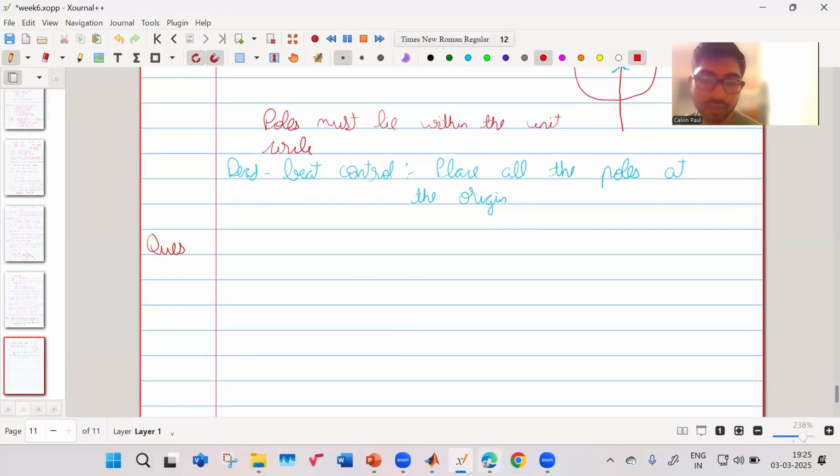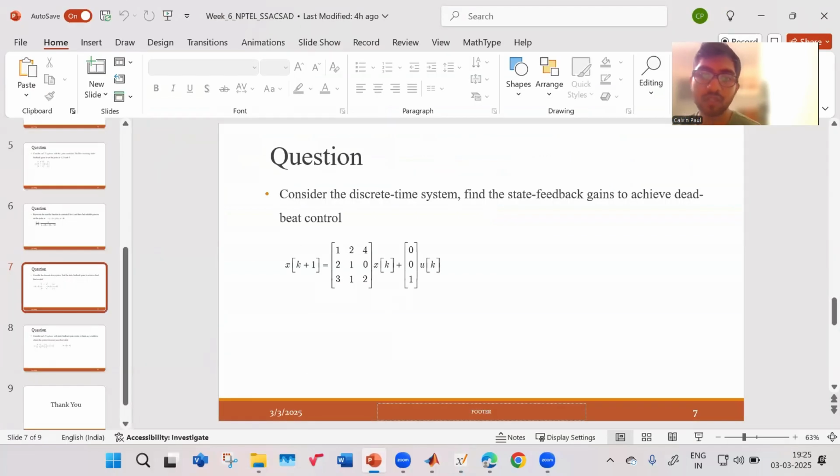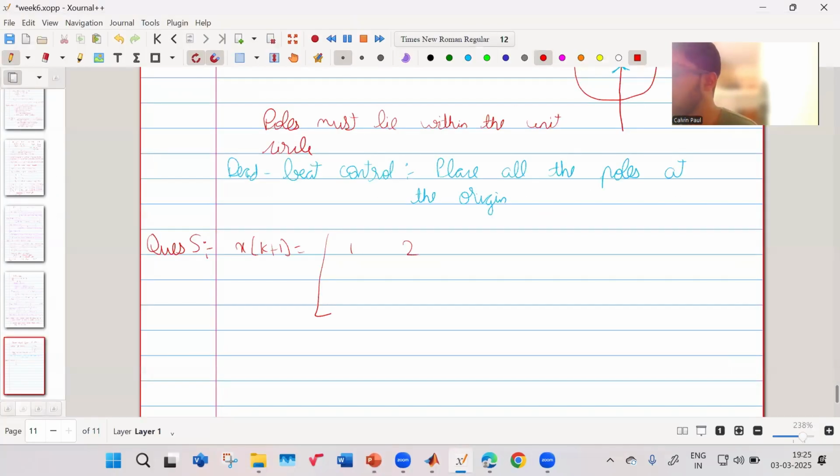This would be question number 5. x(k+1) is equal to the matrix [1 2 4; 2 1 0; 3 1 2] x(k) plus [0 0 1] u(k).